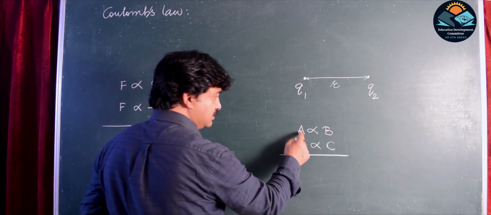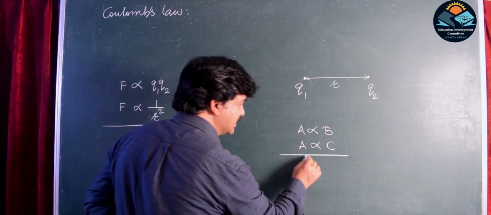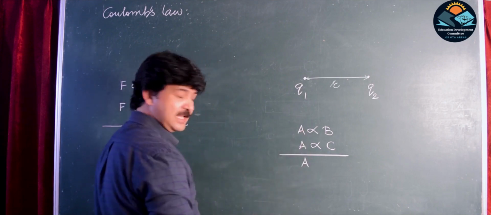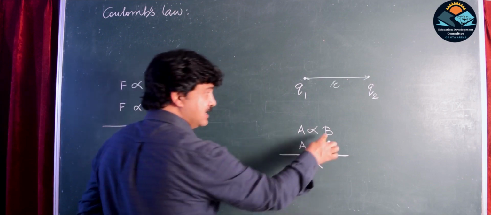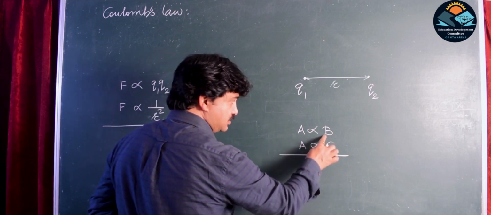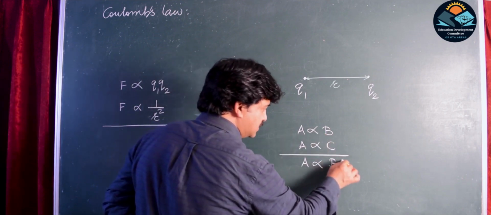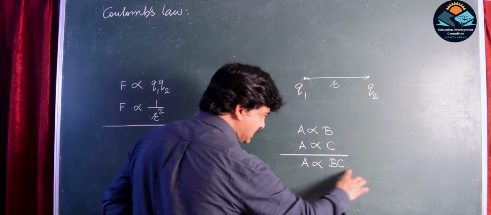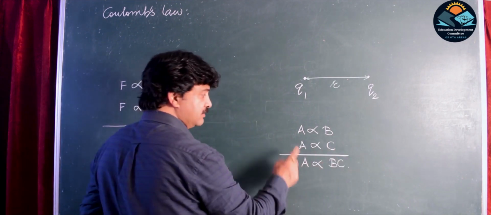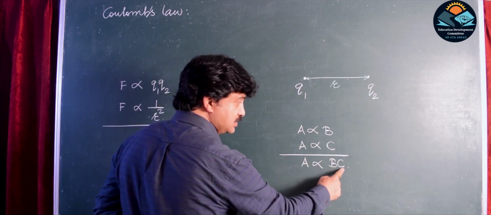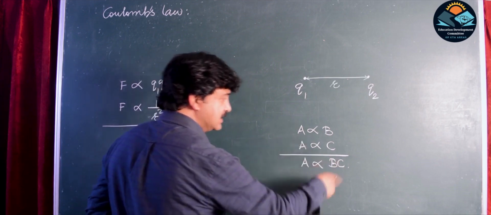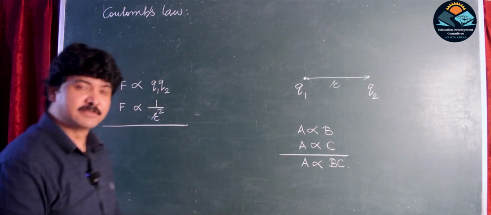According to that rule, A remains as A. We are combining only proportional, and these two should be multiplied, B into C. So this is the relation for A, which shows that A depends on B also and C also. This is the theory of joint variation.